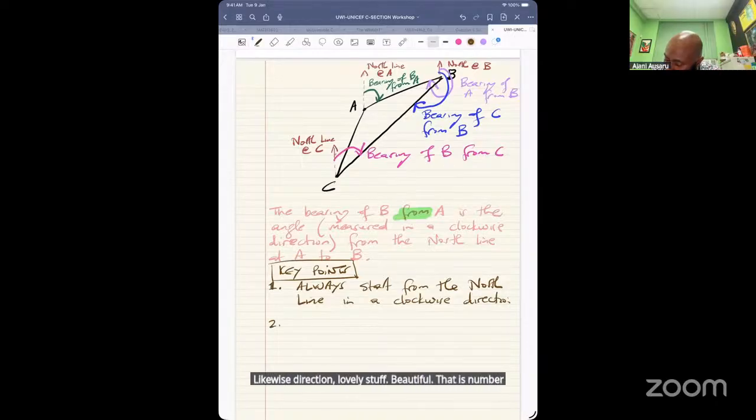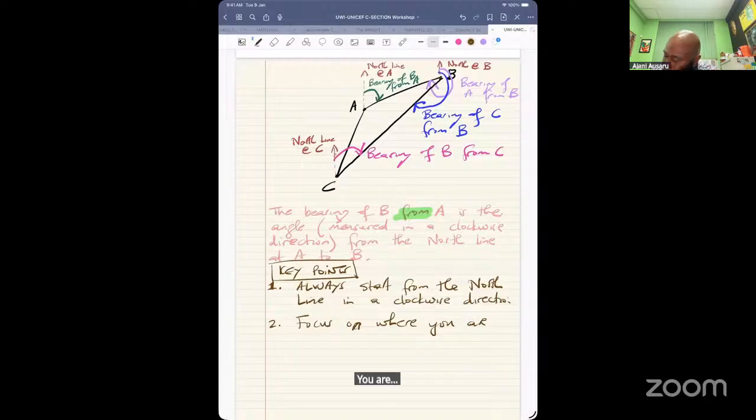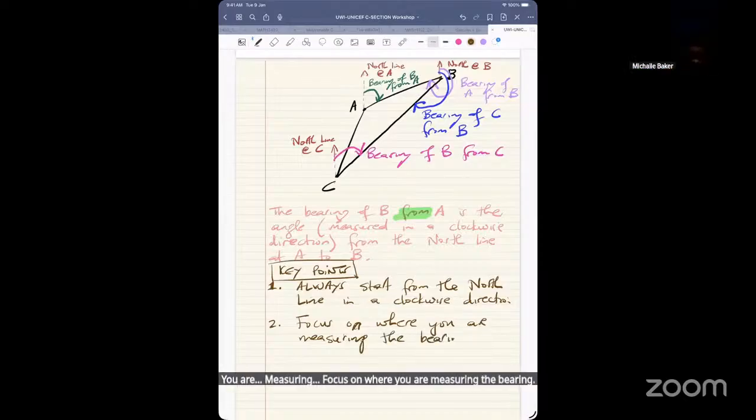Number two, focus on where you are measuring the bearing from.